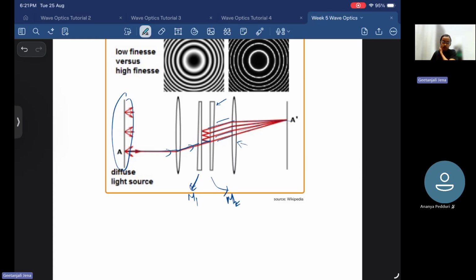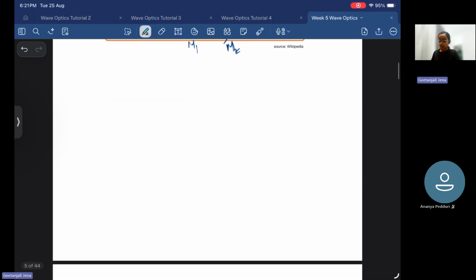Using this, we have calculated the path difference and the condition for constructive and destructive interference.